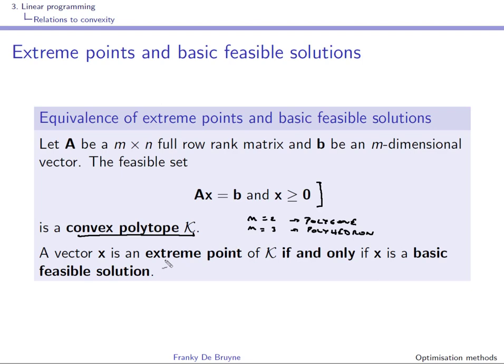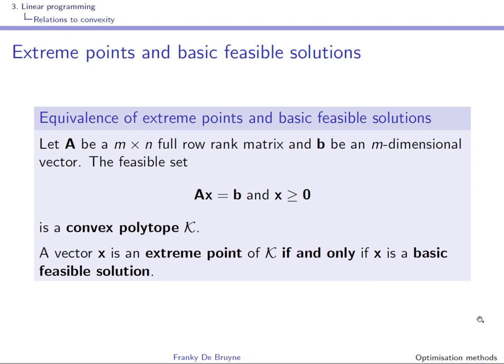It is possible to show, though we won't do it, that a vector x that is an extreme point of K corresponds to an x that is a basic feasible solution. We have seen from the fundamental theorem of linear programming that we have to look for an optimal solution among all basic feasible solutions.